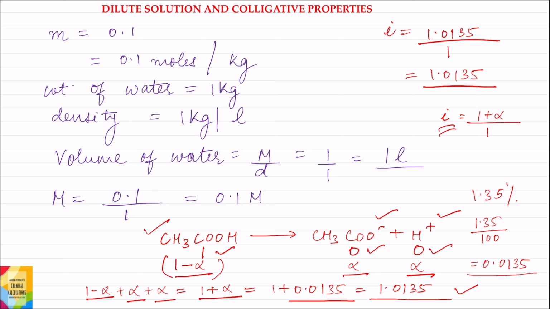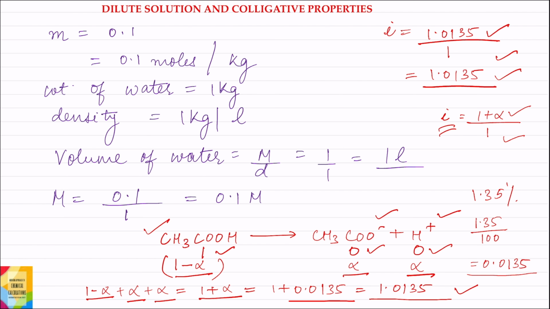Now the value of i is equal to total number of moles after dissociation, that is 1 plus alpha, and total number of moles before dissociation. Total number of moles before dissociation is 1. So 1 plus alpha divided by 1 is equal to 1 plus alpha. Therefore i is equal to 1 plus alpha, that is 1.0135 divided by 1, and this is equal to 1.0135.